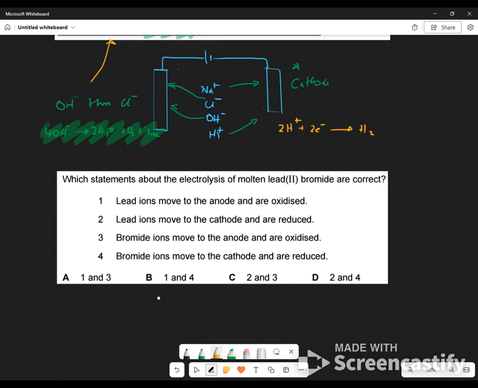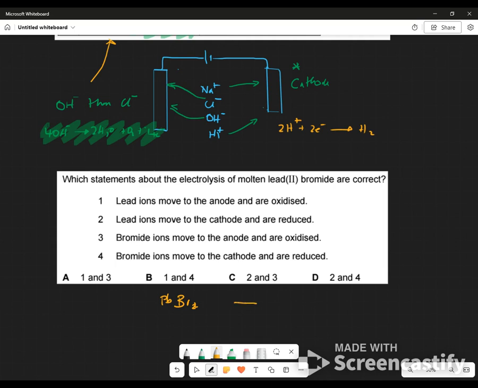Okay, so we've got lead 2, PbBr2. Gosh, look at the lag. It's taking forever, isn't it? PbBr2. Why is it doing this? It never used to do this. And what ions are in PbBr2?